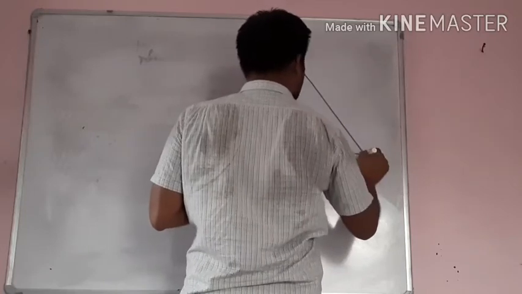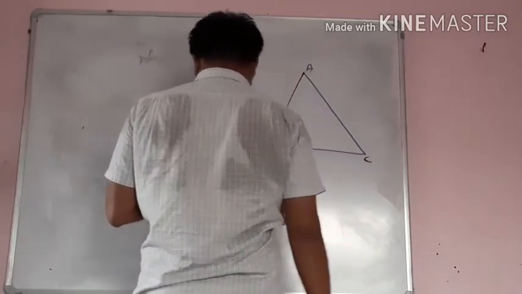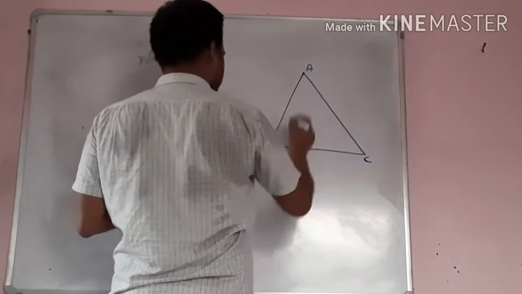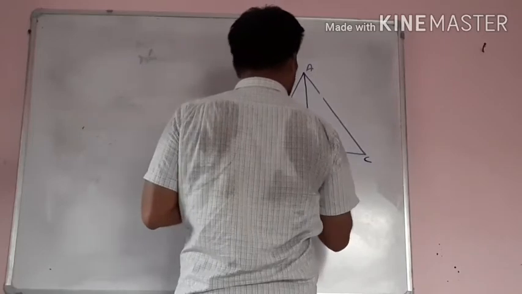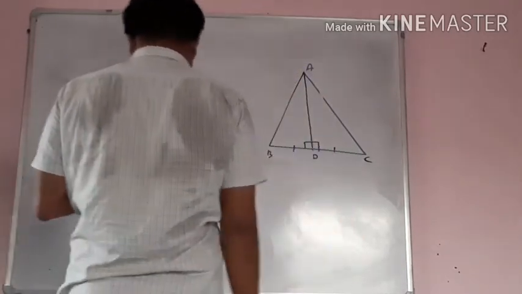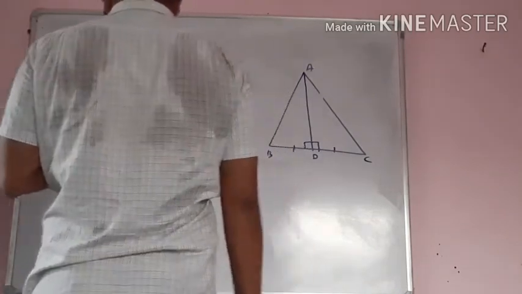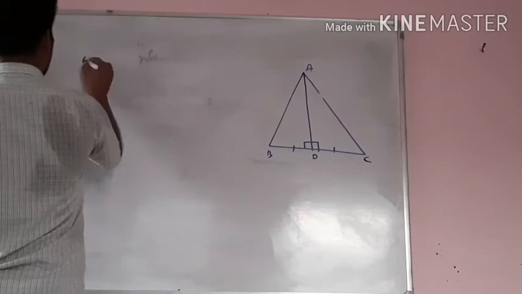ABC is a triangle and AD is the perpendicular bisector, which means BD equals CD. So this will be 90 degrees.